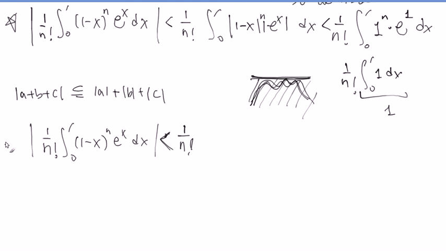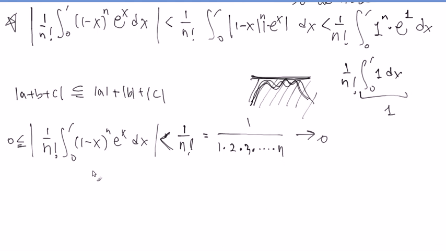Well, the absolute value is always greater than or equal to 0, right? So what happens as n approaches infinity to 1 over n factorial? Is the symbol tricking you? This is 1 times 2 times 3 times, all the way up to n, right? If n approaches infinity, you can imagine how big this is going to be in the denominator. It approaches 0.